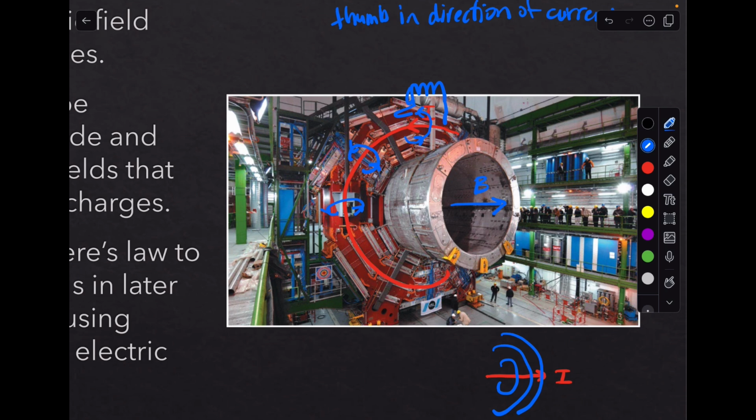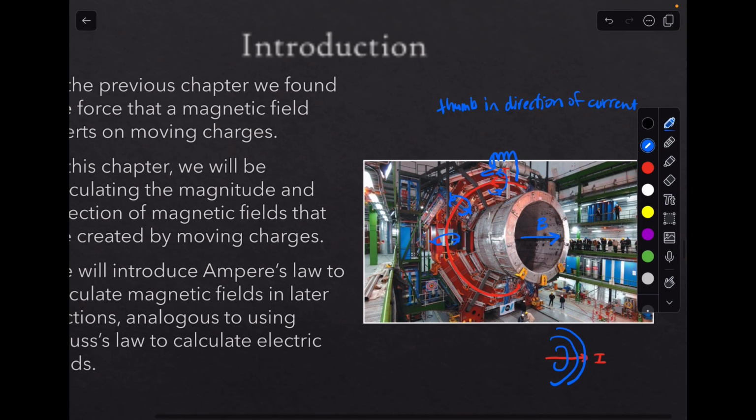Well, what we did here in this application, I believe this is in the Large Hadron Collider, is we have curled the current and created a longitudinal magnetic field.